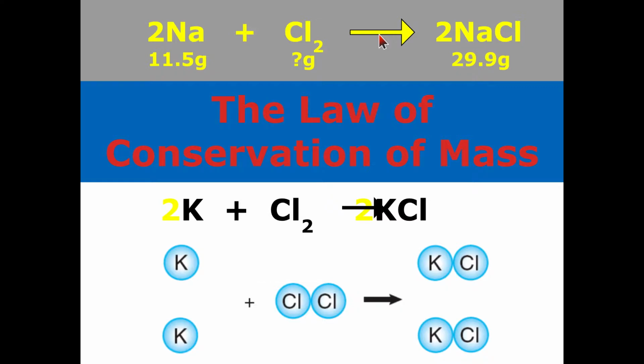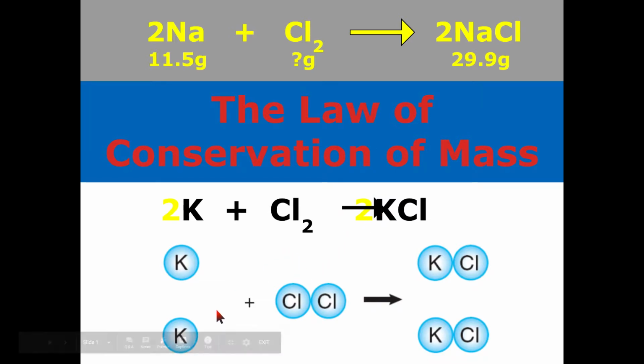And so that's how you decide if the law of conservation of mass is upheld or not. If you're noticing a discrepancy when you are comparing T-charts from the reactant side to the product side, then the law of conservation of mass is not upheld. But if there isn't a discrepancy, it is.